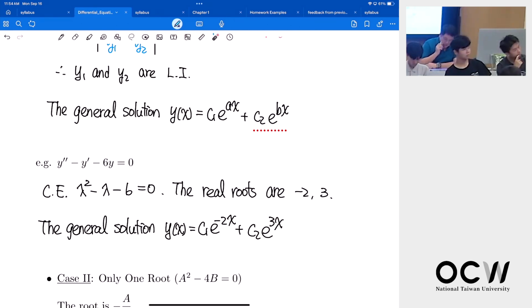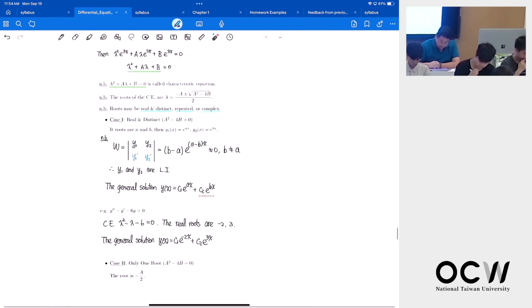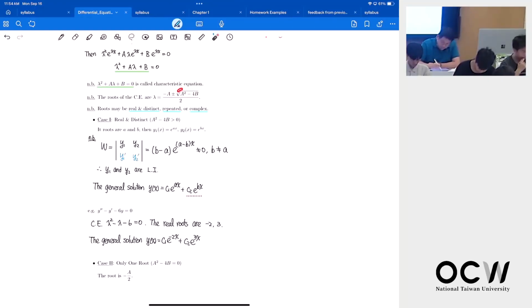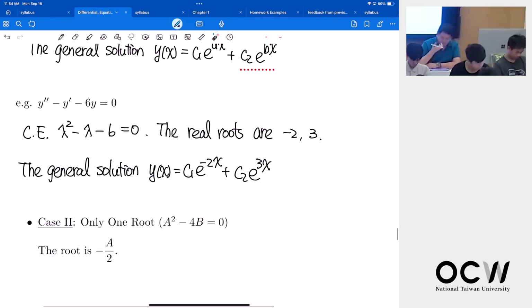Let's see case 2. I have a repeated root, which means a squared minus 4b is 0. So my repeated root will be minus a over 2. Well, we should have two roots and two solutions, right?